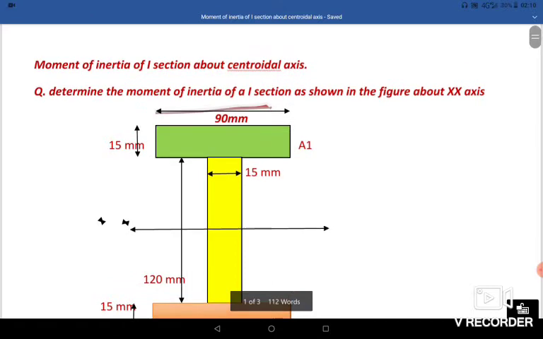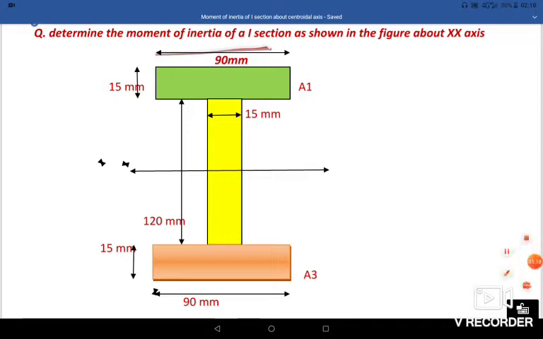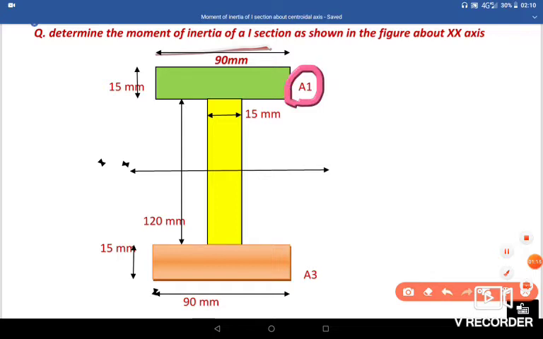So I divided this I section into three rectangles, represented by rectangle 1, rectangle 2 and rectangle 3.